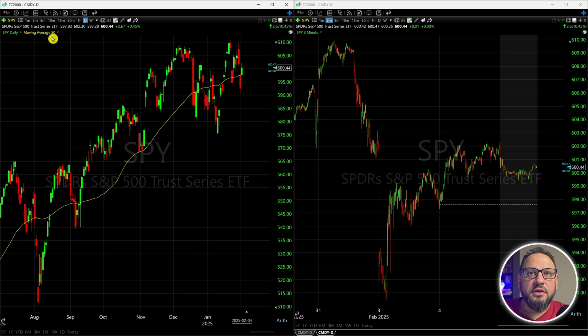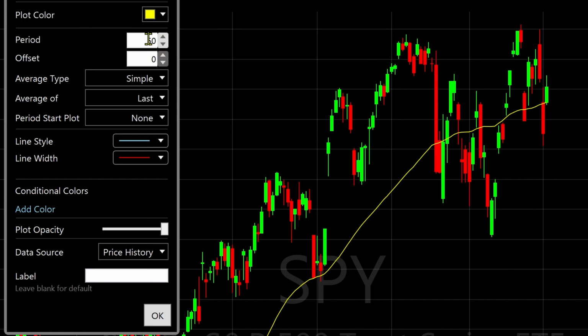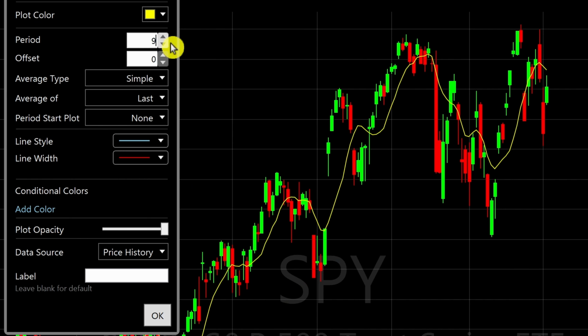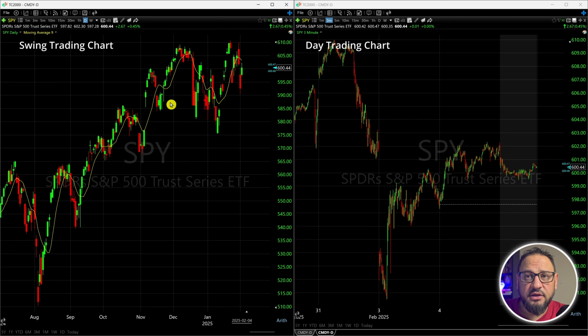It puts it up here and automatically sets it to 50. So I'm gonna edit and make it 9. That's my 9-day moving average. It's day because it's on a daily chart. And I usually keep it in yellow.